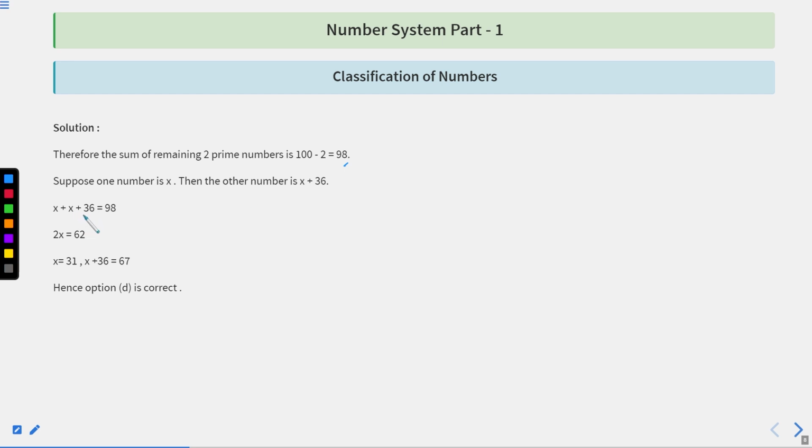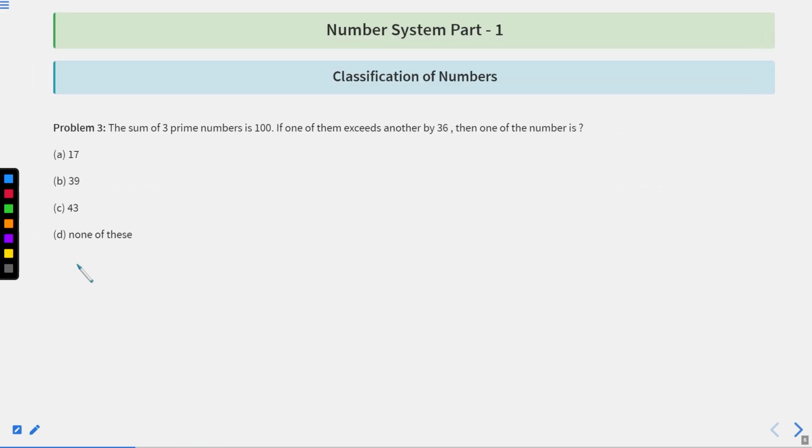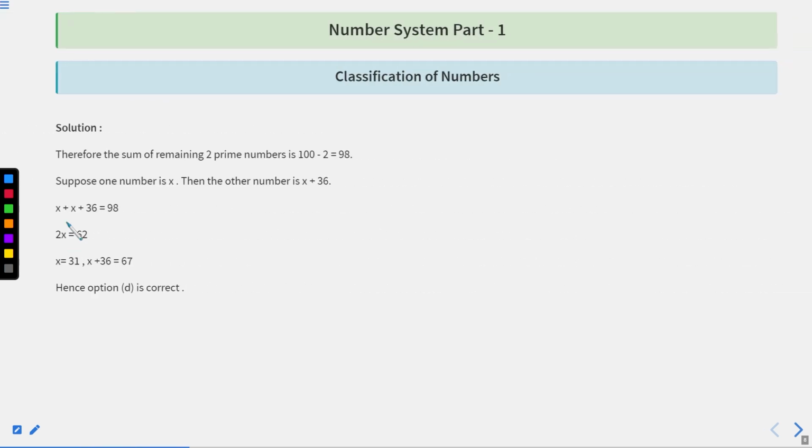So x plus x plus 36 equals 98. When we add x and x, we have 2x equal to 62. On simplification, we get x equal to 31, which is a prime number. So the answer is none of these, because 31 is not present in any of the options.